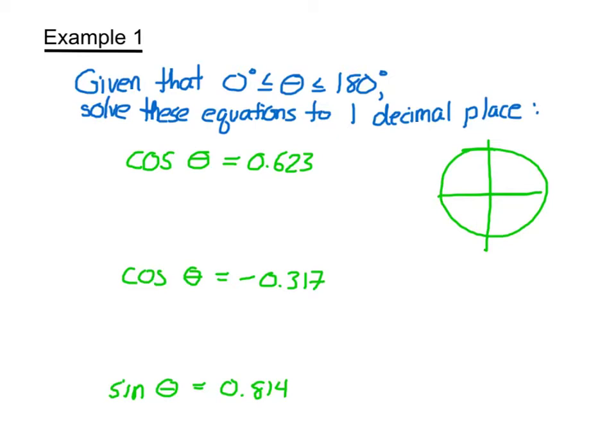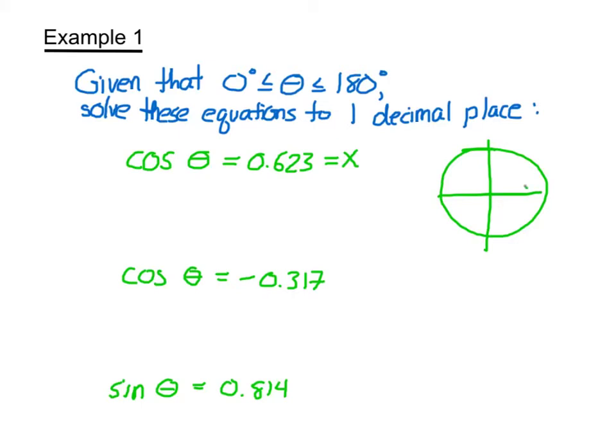Now for the first problem, we have cosine theta equals 0.623. But remember from our previous slides that the cosine is actually equal to the x-coordinate of the point that forms the angle theta with the origin. Well, the x-coordinate must be positive, and therefore it must be on the right side of the unit circle.